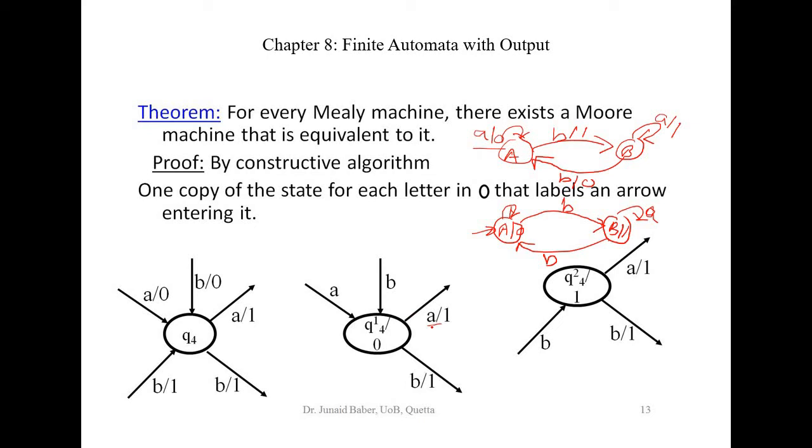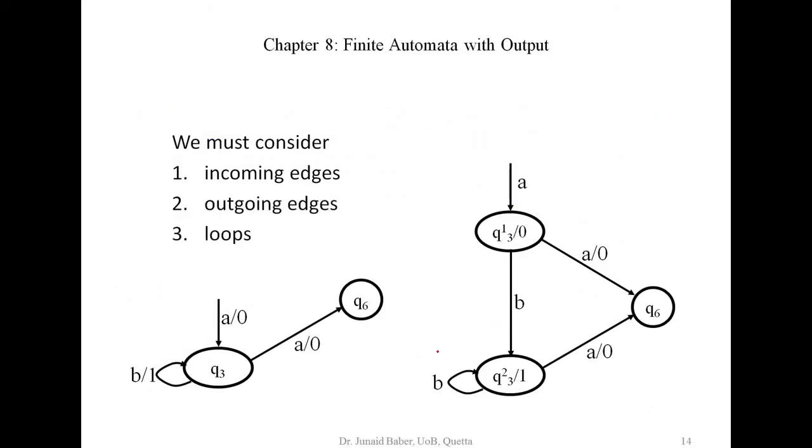So A1 was outbound, and this should be given to both states. For example, A1 is the outgoing edge, B1 was the outgoing edge, so we just label all the outgoing edges to all the new states. So another case could be, we must consider the incoming edges, outgoing edges, and loops.